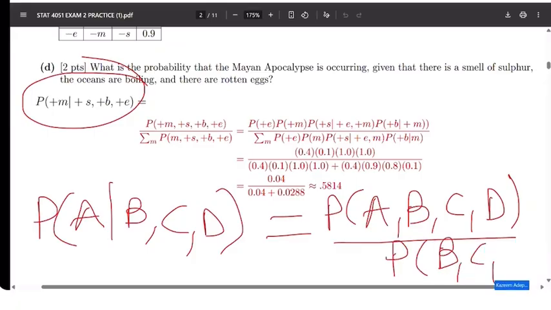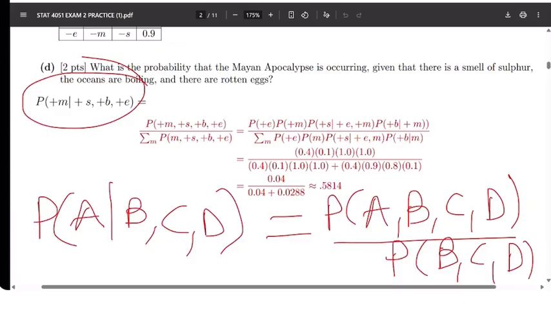Please pay attention. From the law, the probability of A given B, C, D is going to be the ratio of the joint, having all of them in the numerator. That's why you have the probability of A, B, C, D, divided by the probability of the given. The given is B, C, D. Can you see now?